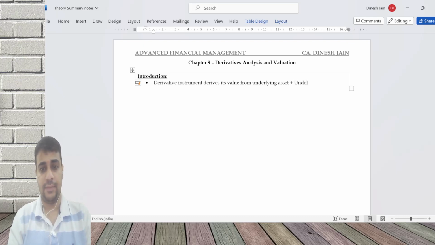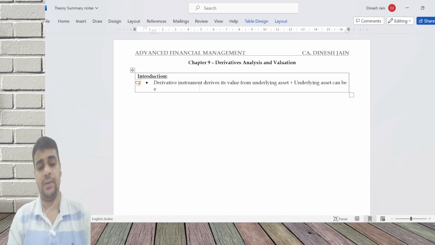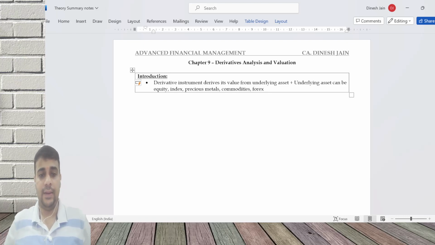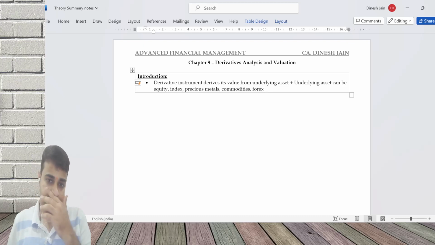Underlying asset can be equity, index, precious metals, commodities, forex.